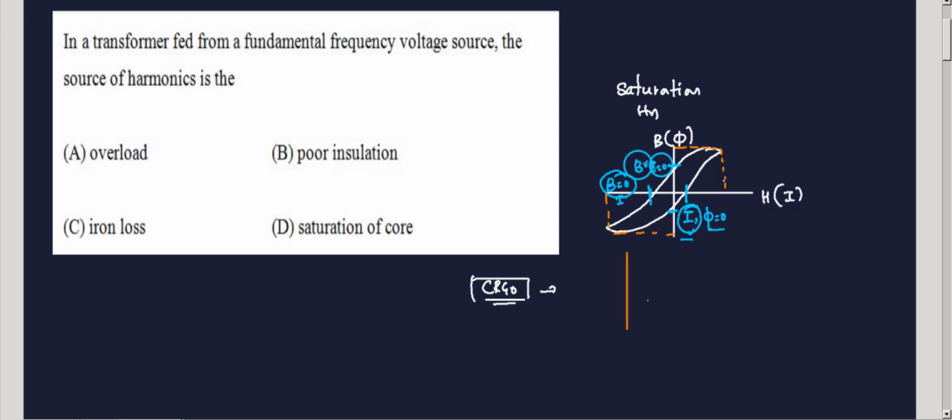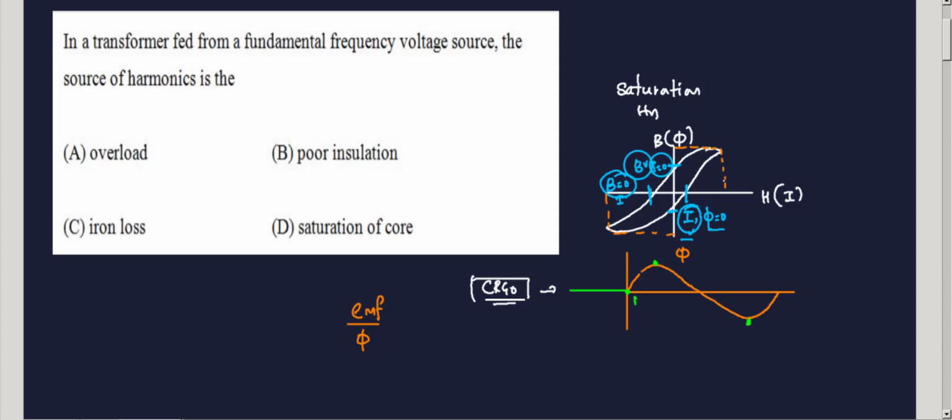Suppose you consider the flux to be sinusoidal, so the induced EMF is sinusoidal. But you observe here, flux max and current max occur simultaneously, but current 0 and flux 0 do not.